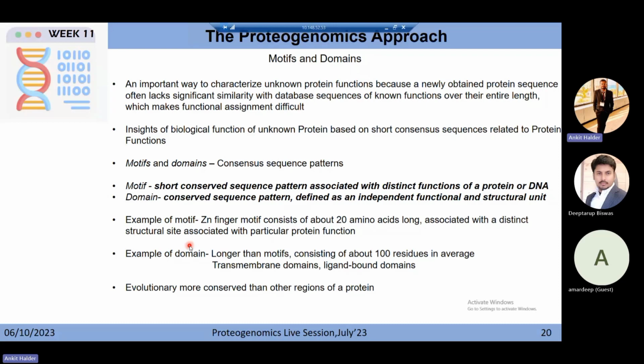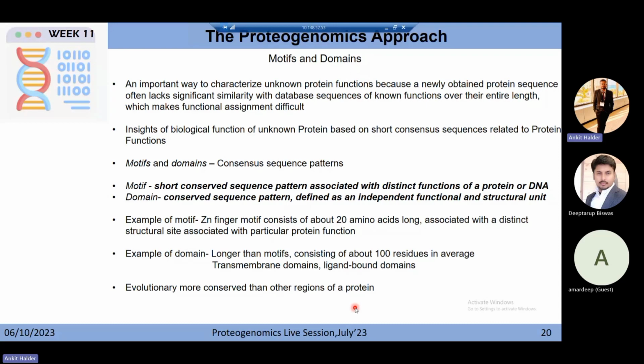A domain is definitely longer. By definition, a domain is longer than a motif, consisting of about 100 residues on average. These are independent structural and functional units, and evolutionarily more conserved than other regions of a protein.